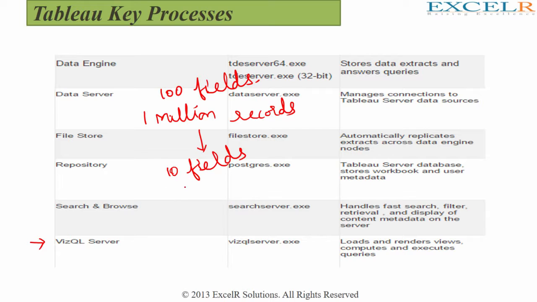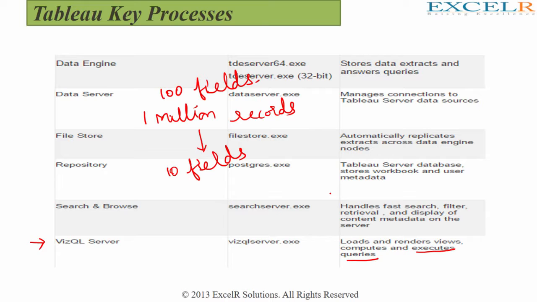But if you want to call only 10 fields, then it will be 10 million records, considering that each field would have 1 million records. And that is where your SQL server comes in handy, and it is going to handle your execution of queries.